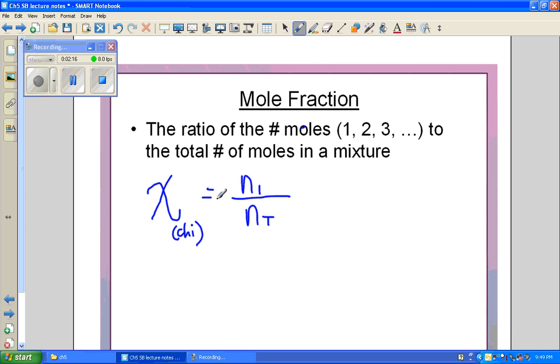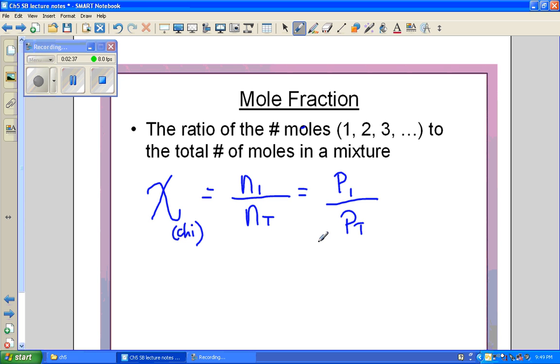If we keep applying Dalton's law of partial pressure, we can say that pressure 1 over the total pressure is equal to that ratio. So we can do any kind of combination of this, and you're going to see Dalton's law of partial pressure in a variety of ways.